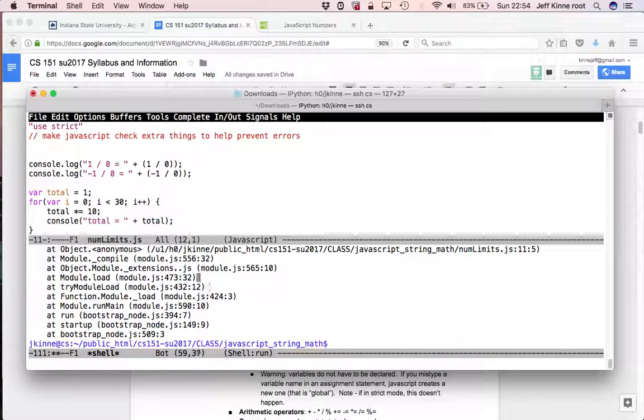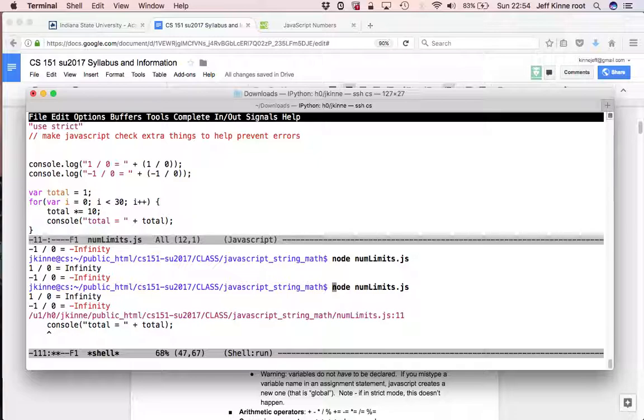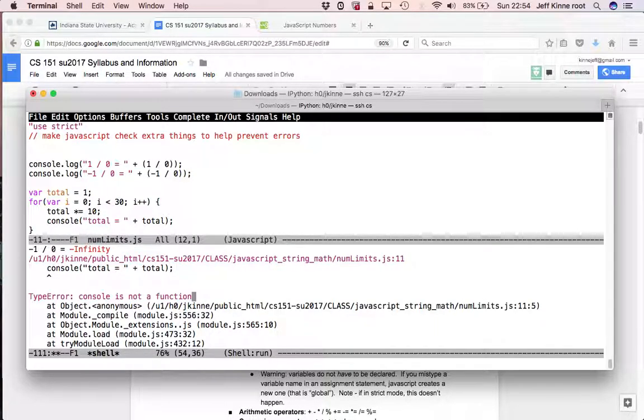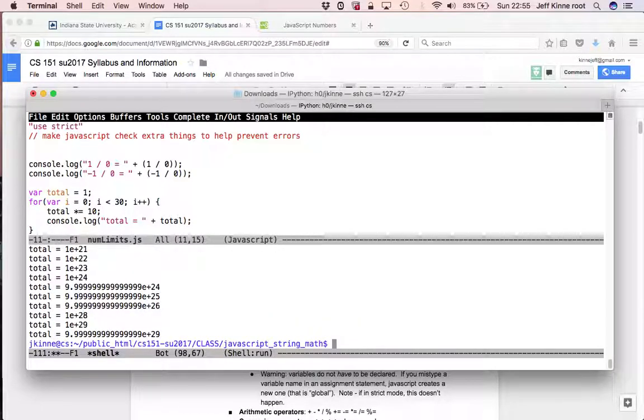Let's see our error. Line 11, console.log. Okay, so if we look over here, we should see increasing powers of 10.